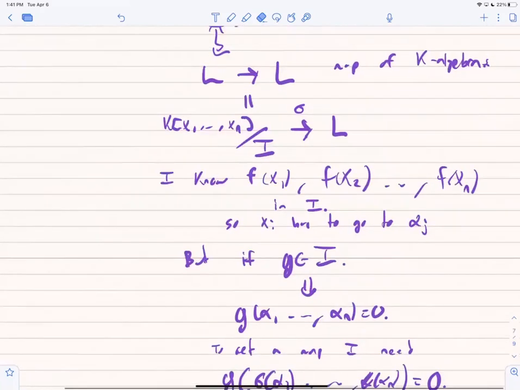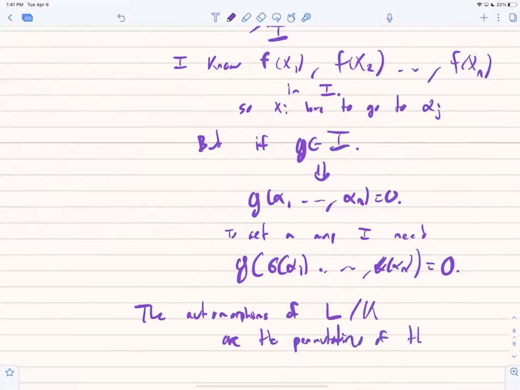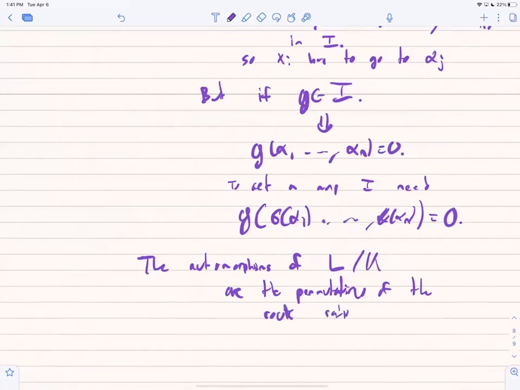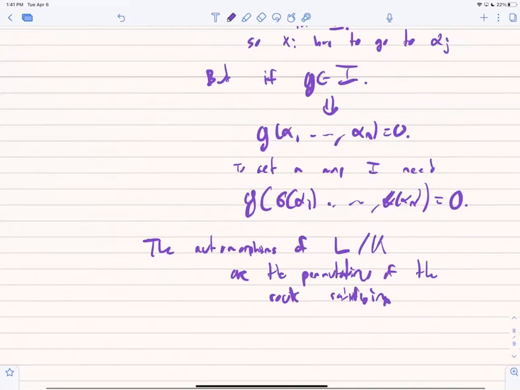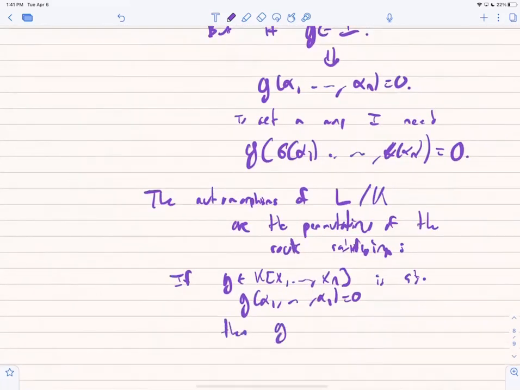But so the point is, what you see from this is that the automorphisms of L over K are just the permutations of the roots satisfying that if G contained in k[x1 through xn] is such that G of alpha 1 through alpha n is equal to 0, then after applying this permutation, I still get 0.